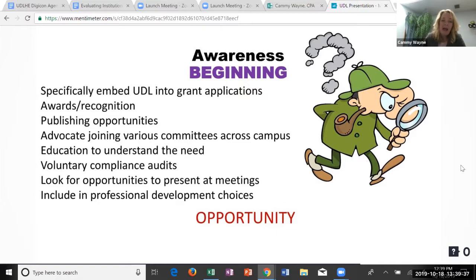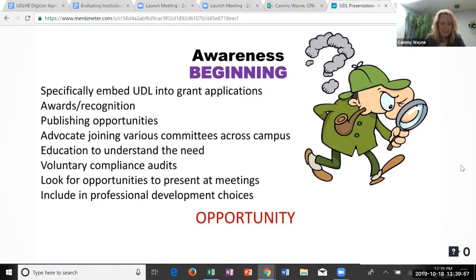That grant doesn't have to be for UDL, but all we want to do is just mention universal design for learning, because that will bring the topic up, and anybody who reads that grant application, and we know that these applications have to be approved by so many people, it just gets those words out there into the public.